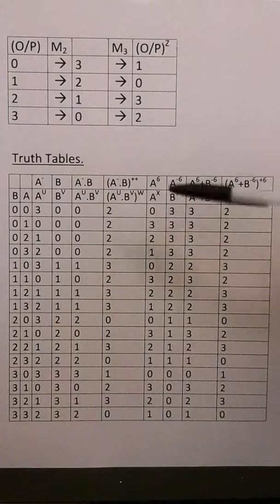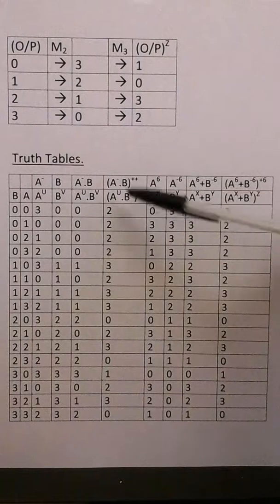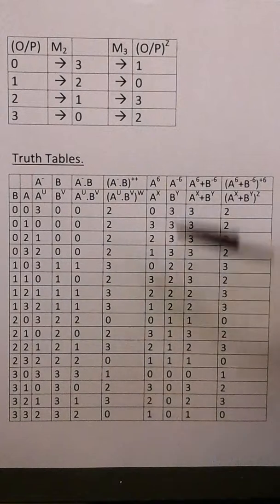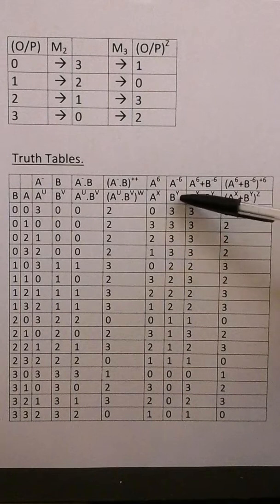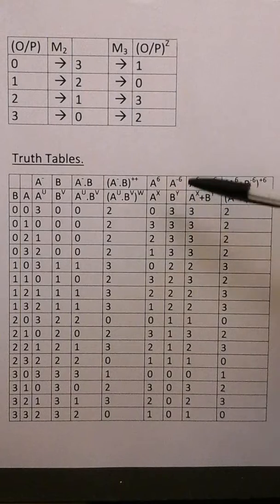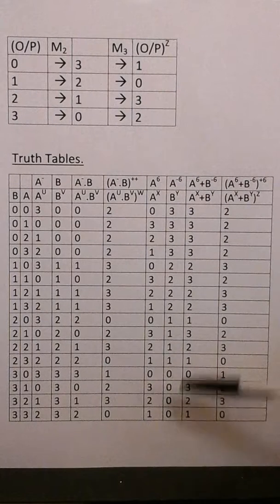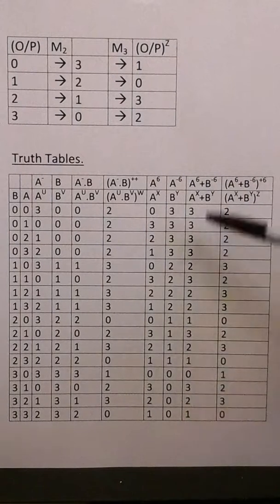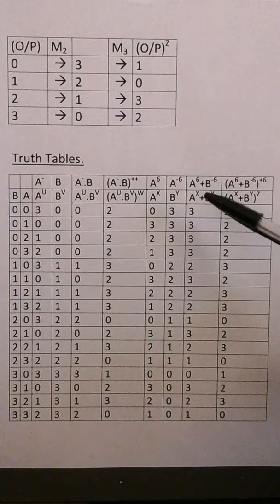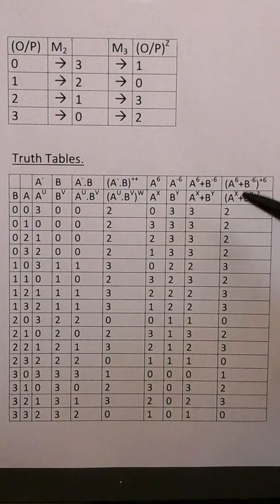So here this is for function F1, function F2, AX is A6 here, BY is B minus 6 there, A6 plus B minus 6 there for the OR function, for the maximum function, sorry, and this column is the output of this to the power with the plus 6 operator on the output.